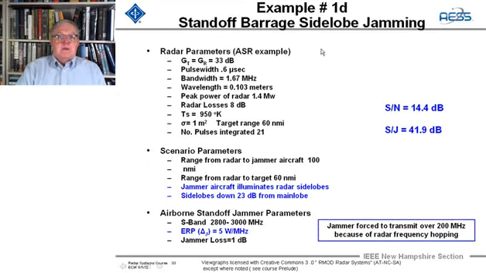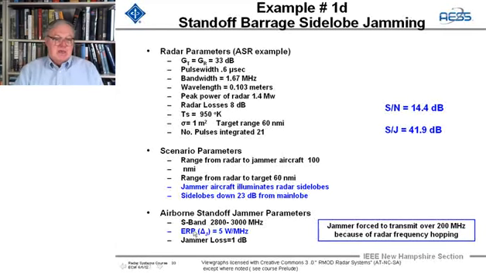And now in example 1D, we've got a barrage jammer in the side lobes, and here we've forced this guy to go broadband, from 2800 to 3000, to go to the whole of S-band because the radar is hopping frequencies between every set of pulses.